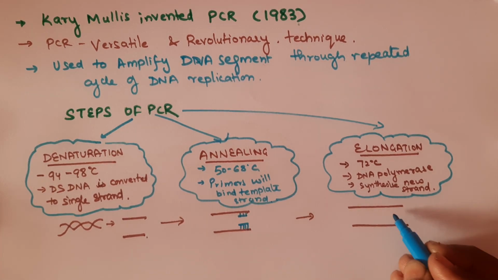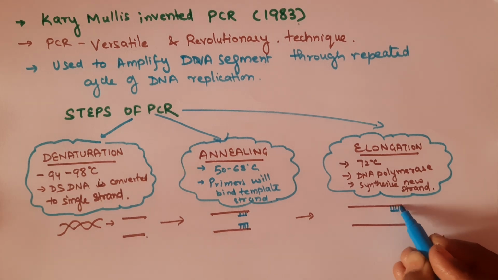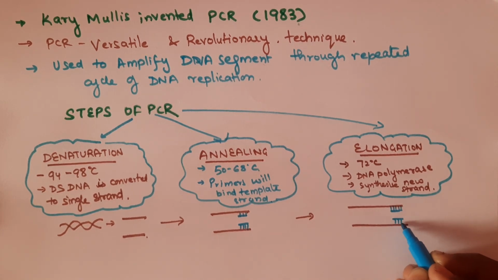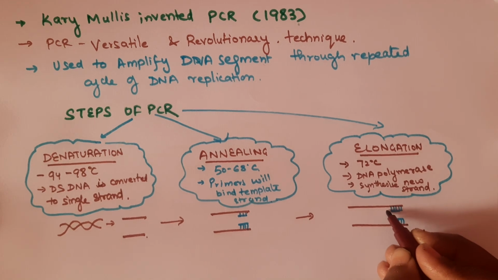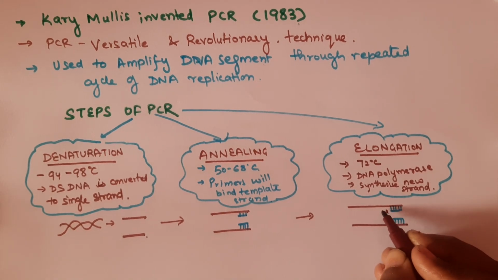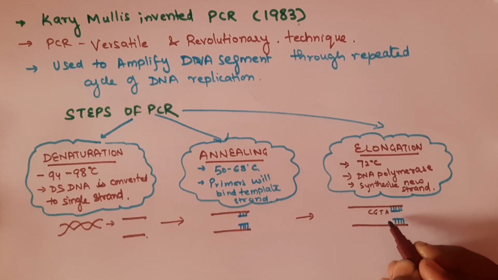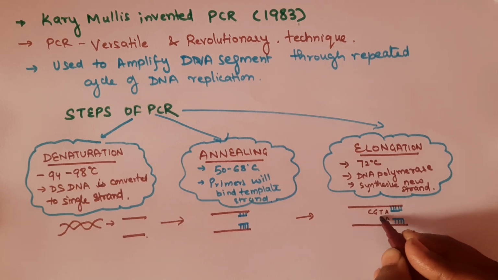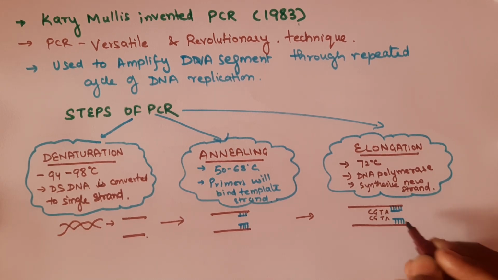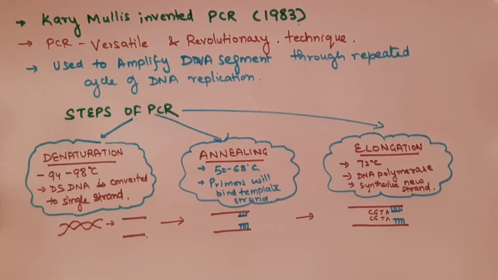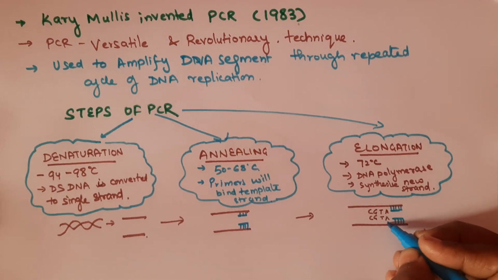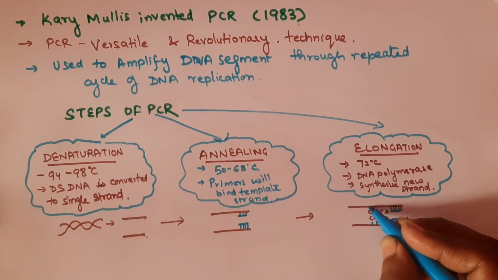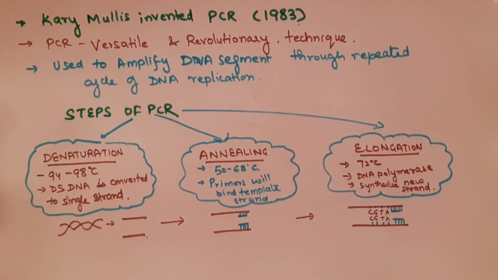This is the primer, which has already attached during the annealing process. Then at 72 degrees Celsius, the DNA polymerase starts adding the nucleotides one by one. In this way, a new DNA strand is produced.